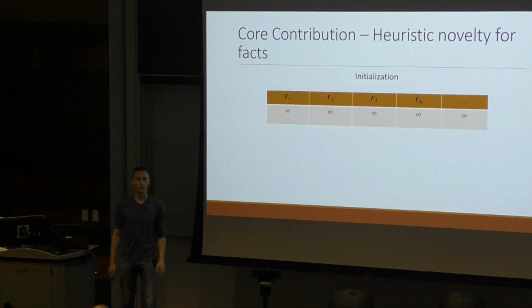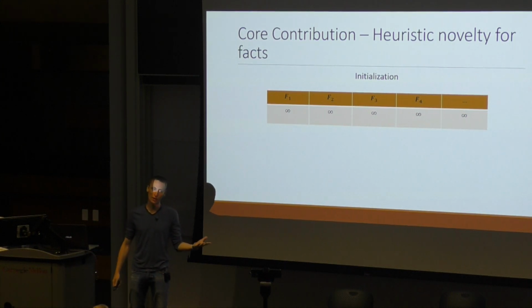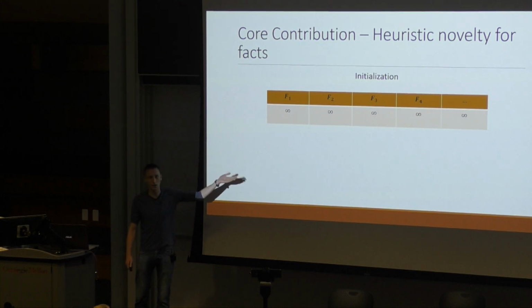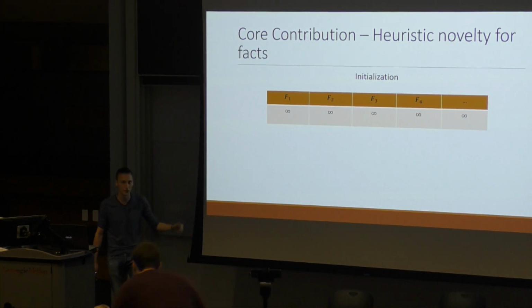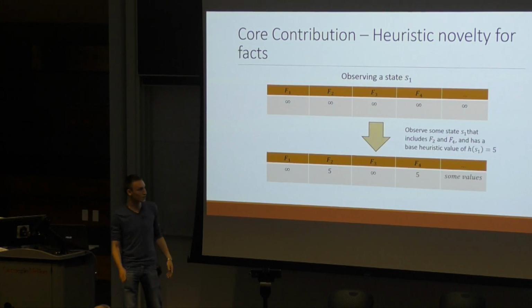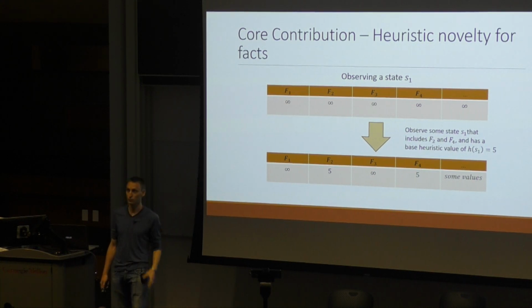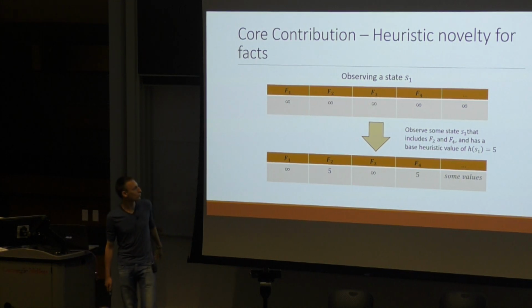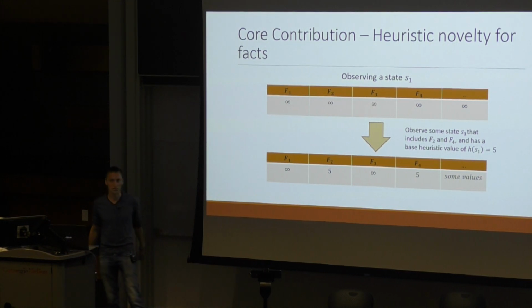First of all, we assign some novelty score to each fact, and we initialize it to be infinity. So consider that we've got some facts, and they're all infinity in the beginning. And then we observe a state, S1. And what we want to do is to update this novelty scores, or novelty table for the facts, to the values that we get.